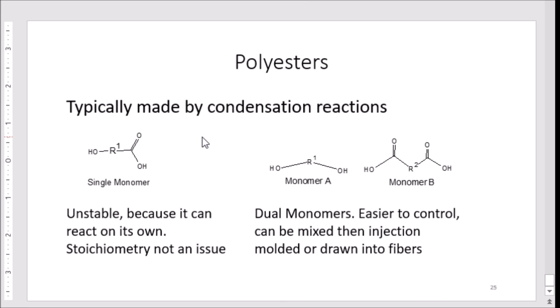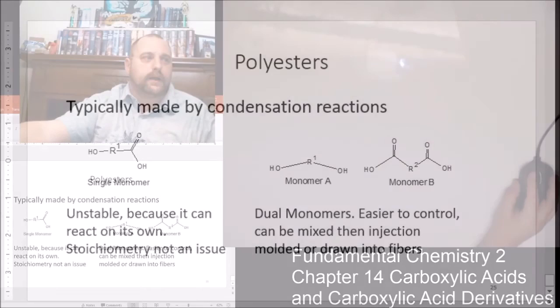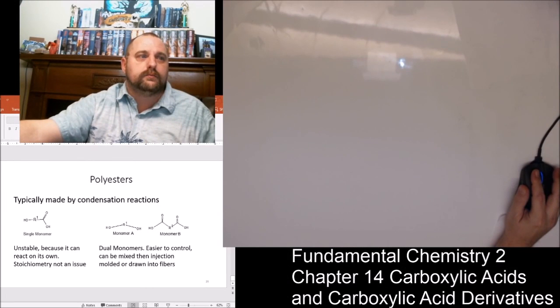They react really well, almost too well. And so this A and B approach of mixing these is nice because you can put this right into a mold, or you can draw it out. If we were to make this in a container, we would be able to draw it out and pull it up into fibers.